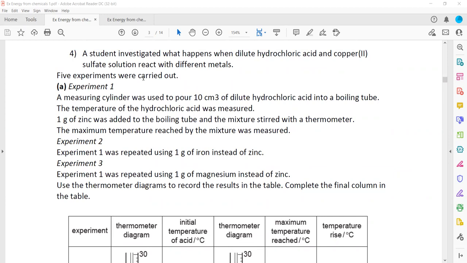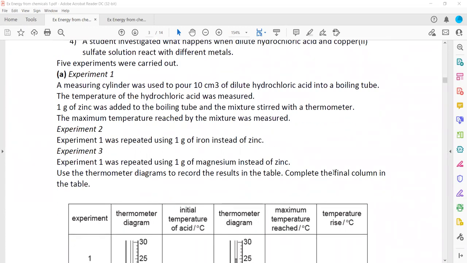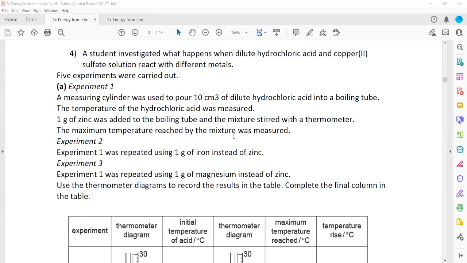In this question, a student investigated what happened when dilute hydrochloric acid and copper 2 sulfate solution react with different metals. So this experiment is done.